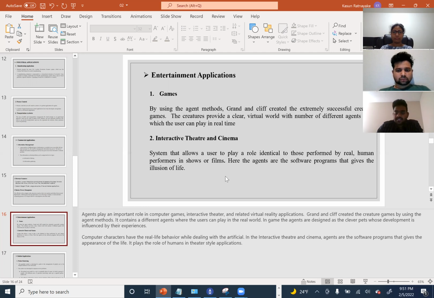In the game, the agents are designed as clever pets whose development is influenced by their experiences. Computer characters have real life behavior while dealing with the artificial. In interactive theater and cinema, agents are software programs that give the appearance of life. They play the role of humans in theater style applications.